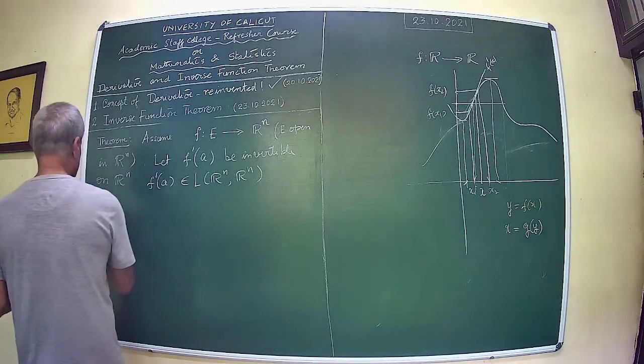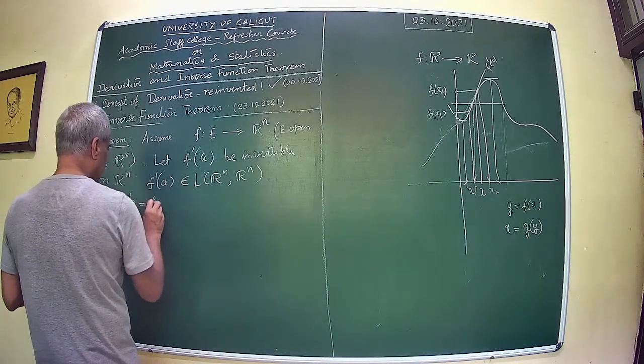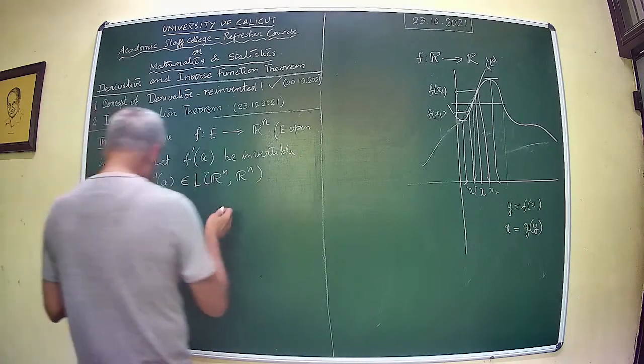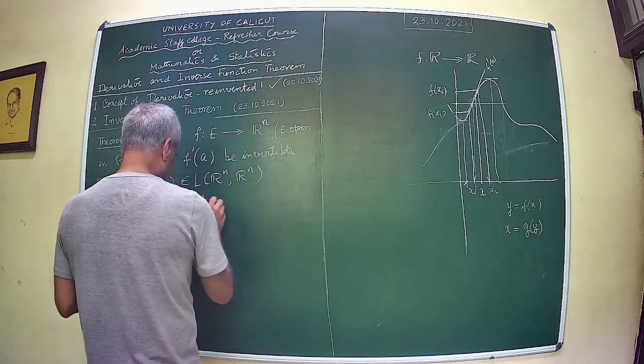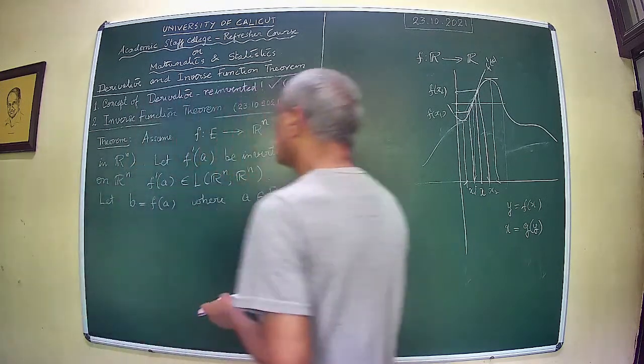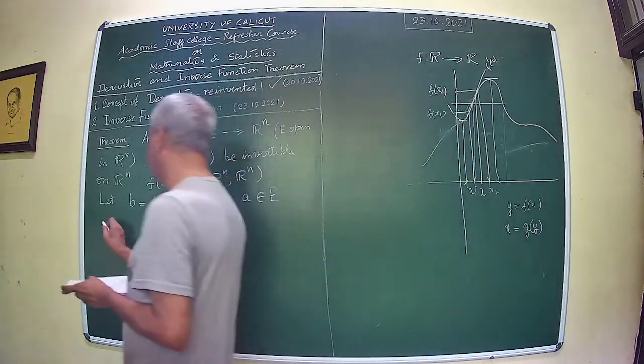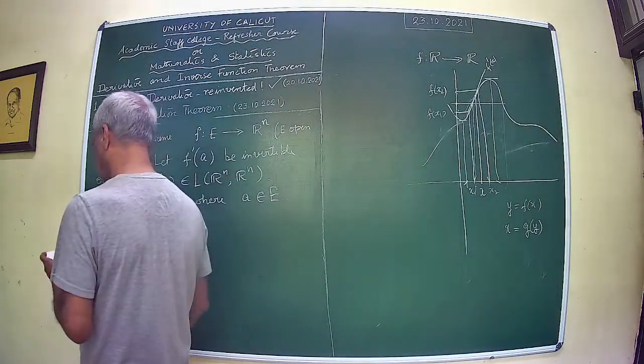Let B be equal to f of A. Then the assertion that we make is this, the first assertion.